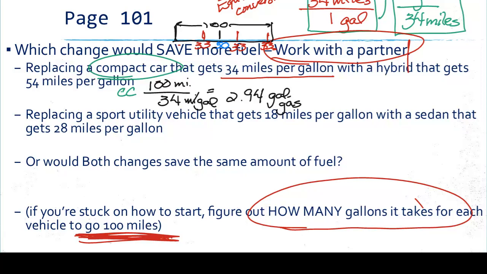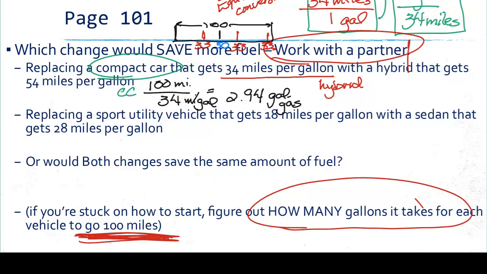What about the hybrid? Somebody else. How would I figure out how many gallons of gasoline I would need for the hybrid? Wouldn't we do the same thing? In a similar way?